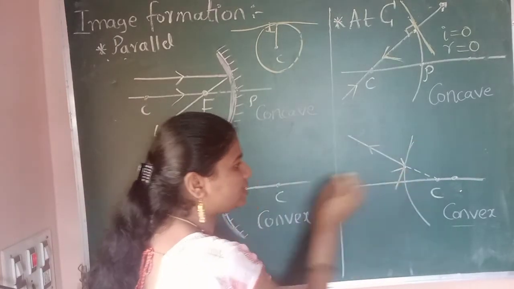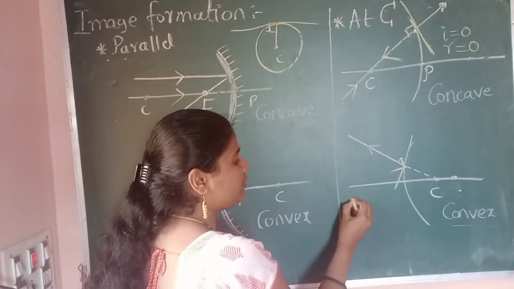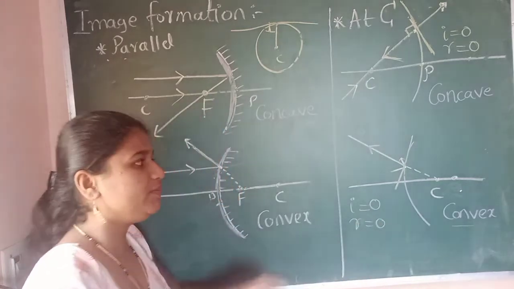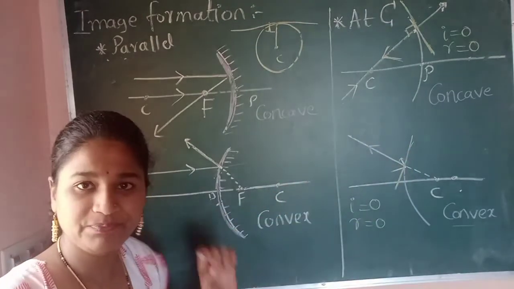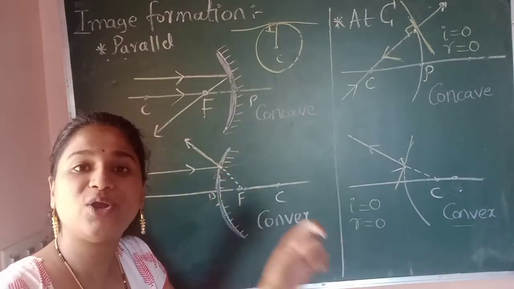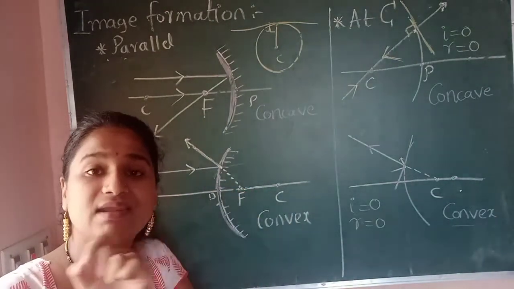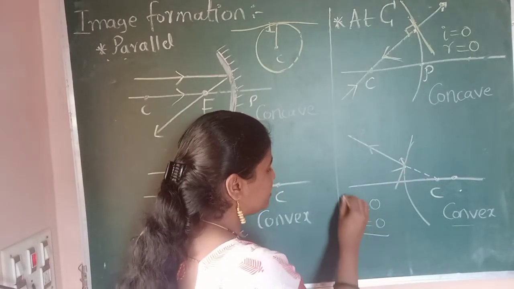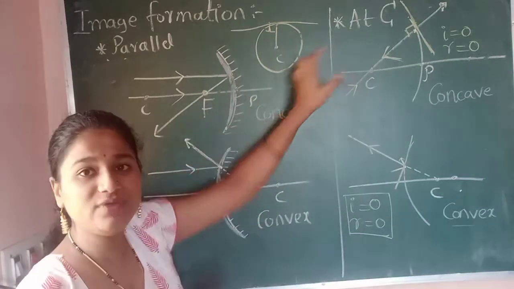Here if we draw the tangent, again the normal incident, so angle of incidence will become 0 and angle of reflection will also become 0 because it is striking the spherical surface normally. When a ray of light strikes the surface normally, then angle of incidence, angle of reflection will be 0. Normally means 90 degree. Okay. So here it will be also 0. Fine. This is the case at center of curvature.